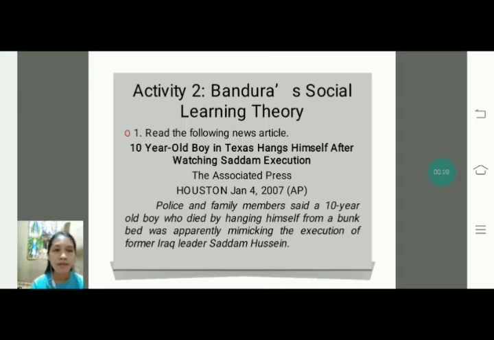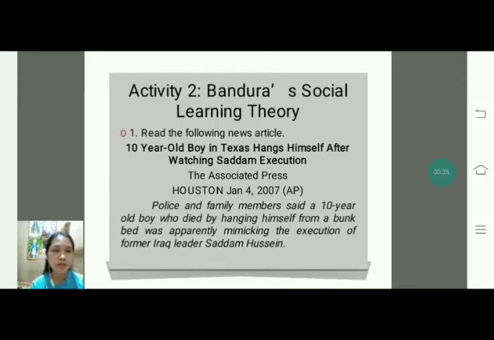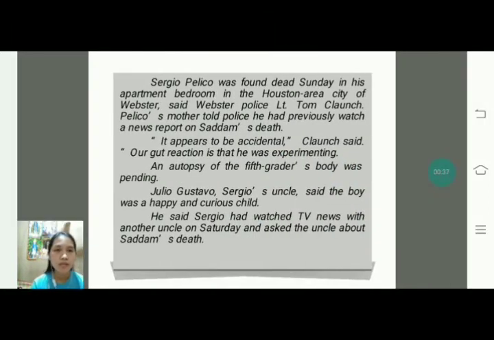Police and family members said a 10-year-old boy who died by hanging himself from a bunk bed was apparently mimicking the execution of former Iraq leader Saddam Hussein. Sergio Pilico was found dead Sunday in his apartment bedroom in the Houston area city of Webster, said Webster Police Lieutenant Tom Clunch.